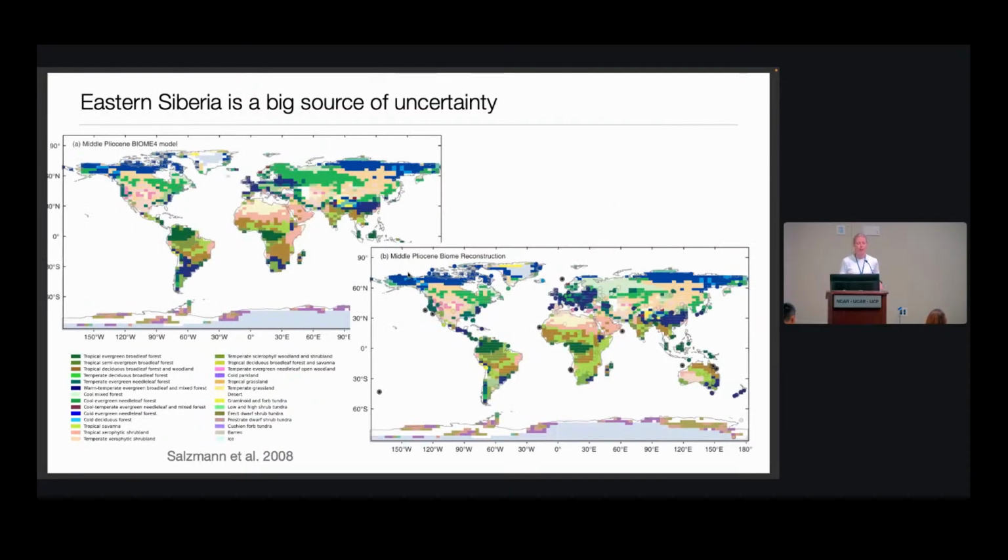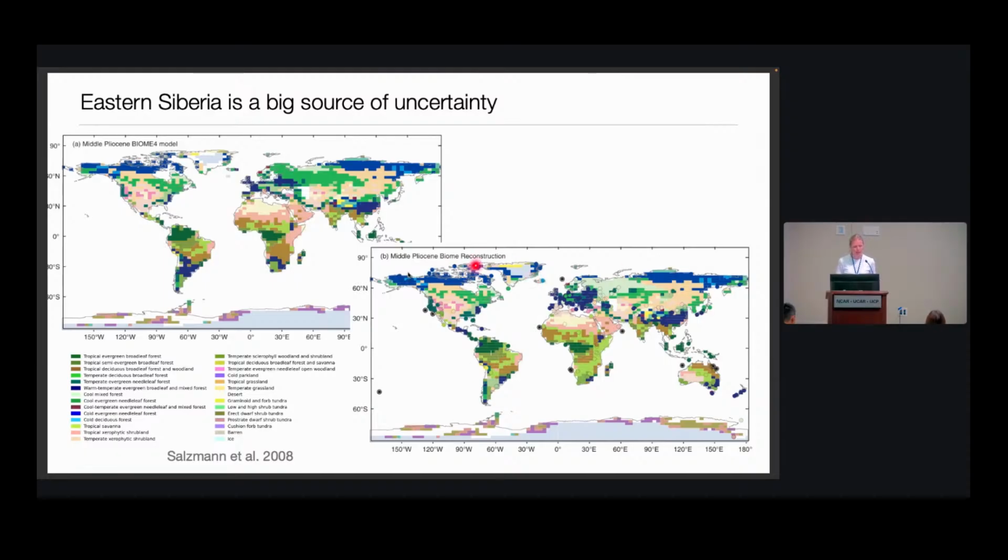So when we look at the normal vegetation forcing that is being used in the Pliocene, it comes from the Biome 4 model, and then they use proxy data to reconstruct global vegetation.